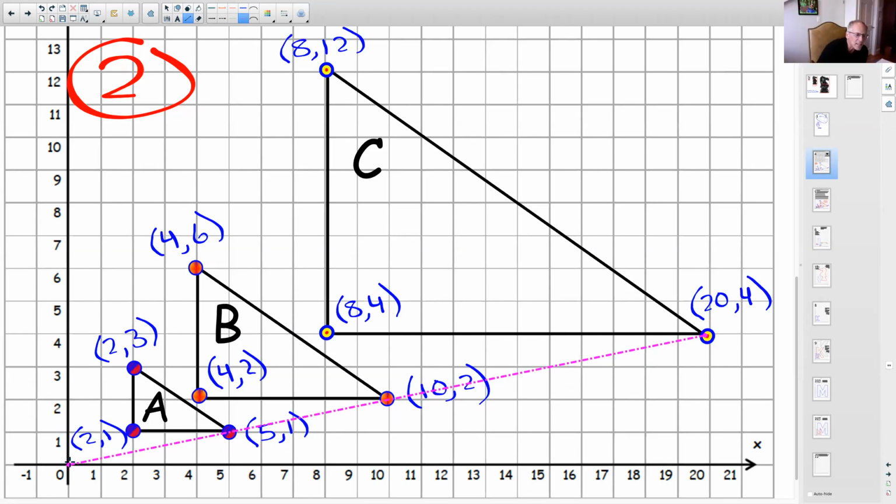And watch this. Now I'm going to go to points 2, 1, 4, 2, 8, 4, and are they all on the same line? And then I'm going to go to points 2, 3, 4, 6, and 8, 12. Isn't that a beautiful picture of a dilation?